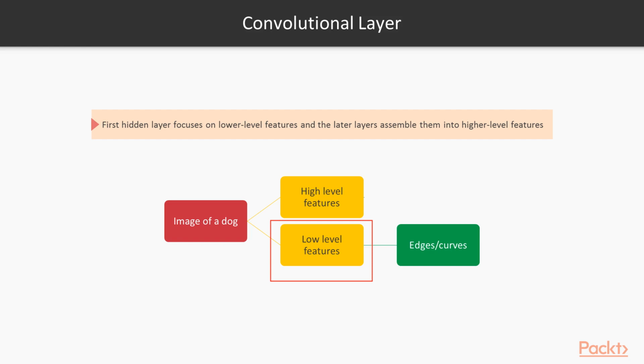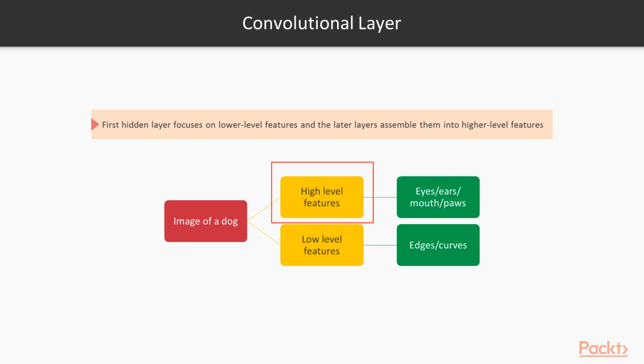And the subsequent layers will start identifying higher level features. For example, if we are working with the image of a dog, the higher level features could be the eyes, the ears, the relative position of these features, the mouth, the paws, and so forth. And then finally, the last few layers will identify the complete object. So this is how a convolutional neural network works.